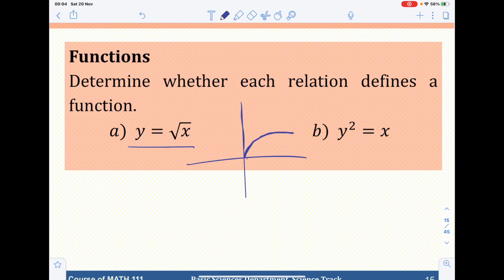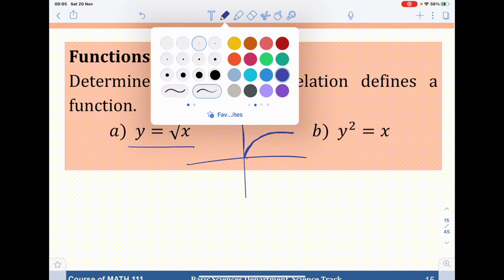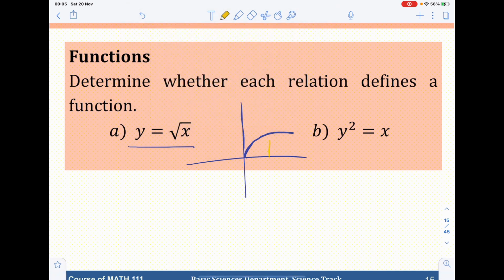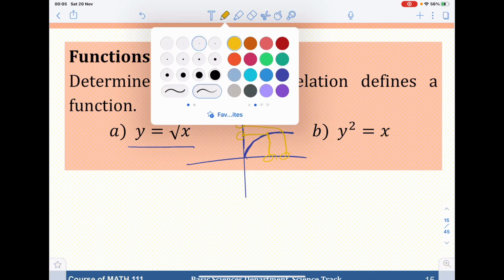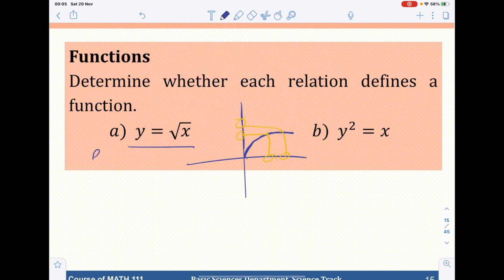And as you can see, each value of x corresponds with exactly one value of y. Now, how can we find out by using another method? This one, we already said, is a function.